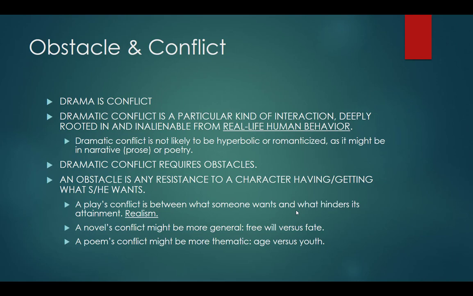Dramatic conflict, though, is a particular kind of interaction. It's an interaction that's deeply rooted in and inalienable from real-life human behavior. So this is different sometimes from the narrative prose conflict or the conflict of poetry. Sometimes dramatic conflict or hyperbolic conflict can be found in a novel, for example, or a short story.